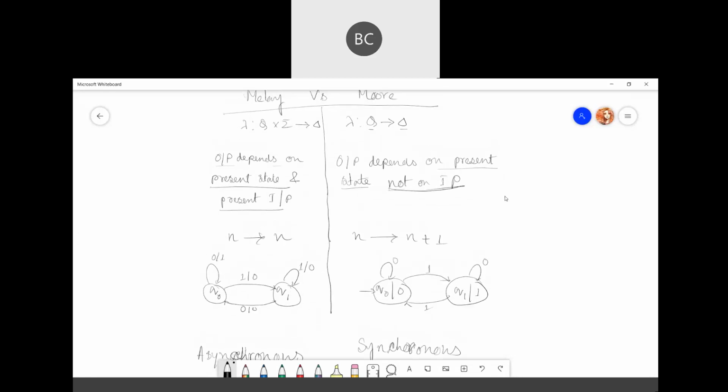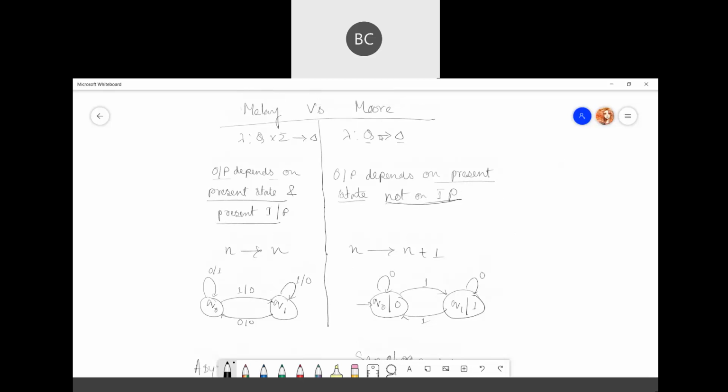Therefore, it will only sync with the clock. It will wait for the clock. And Mealy machine is asynchronous. You will get to know this when you will see the digital block actually. But anyways, main difference between Mealy machine and Moore machine is that in Moore, output depends on the present state, and Mealy machine depends on both state and the input.